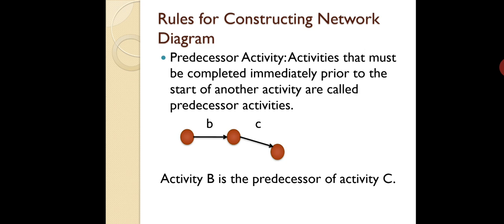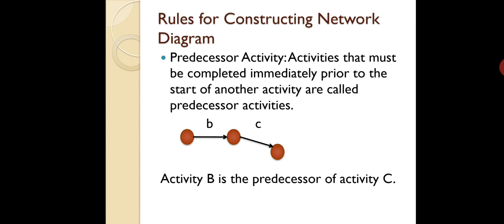Let us understand what is predecessor activity. The activity that must be completed immediately prior to the start of another activity is called a predecessor activity. So in this case, we cannot start C unless activity B is finished.